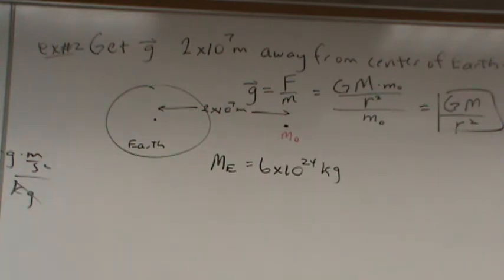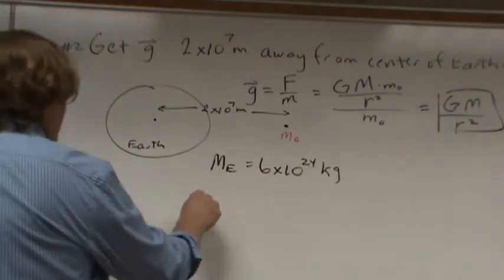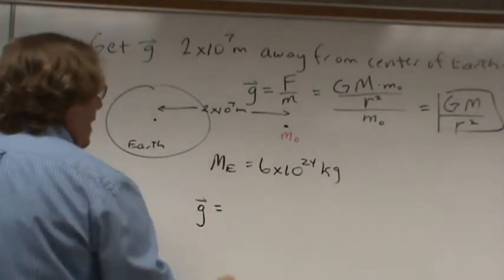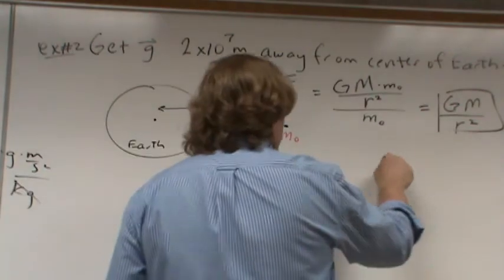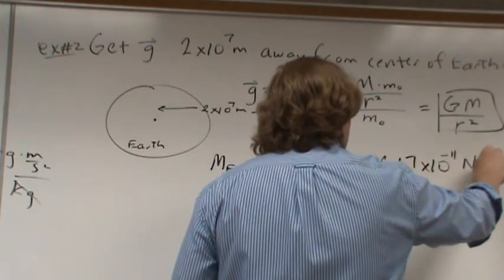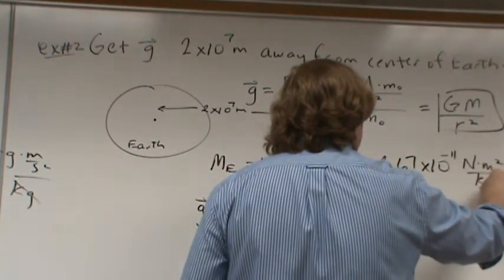Nope, you must do it in your head. You crazy. Nope, you gotta do it in your head. Oh, do you guys remember what G is? No. My bad. 6.67 times 10 to the negative 11th newton meters squared over kilograms squared.